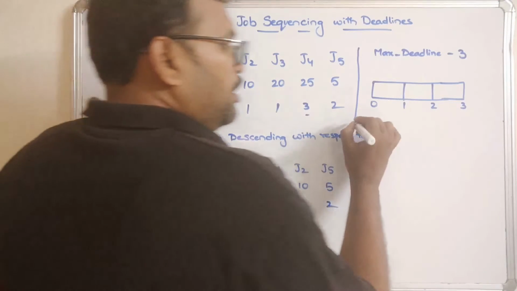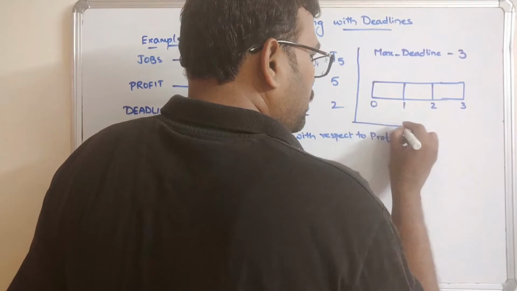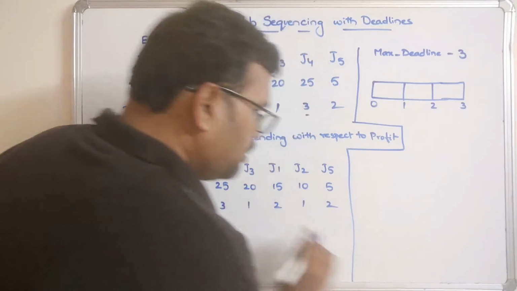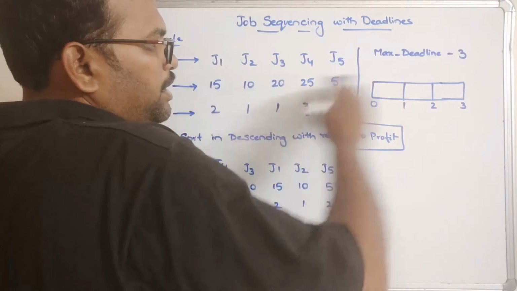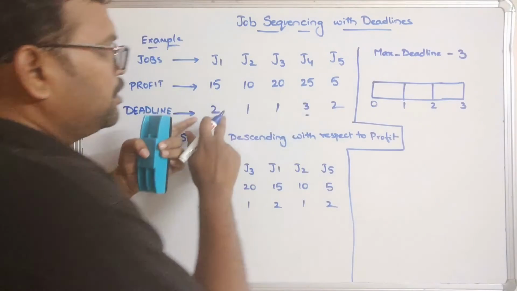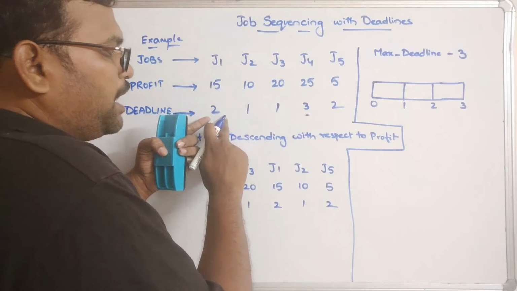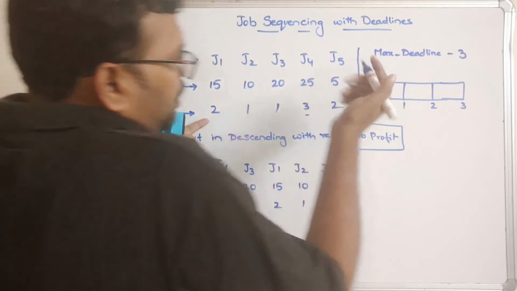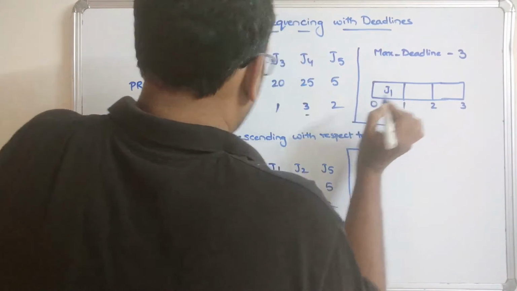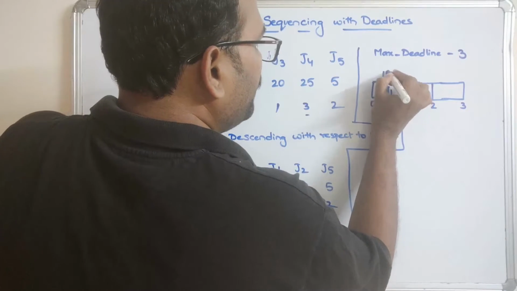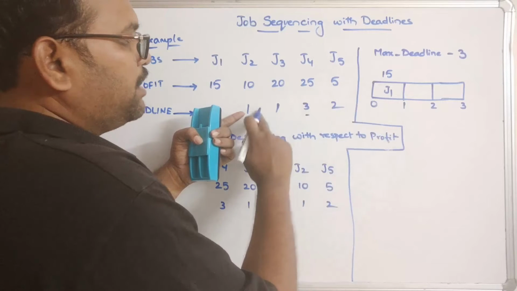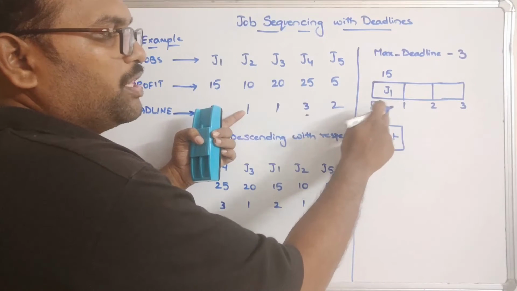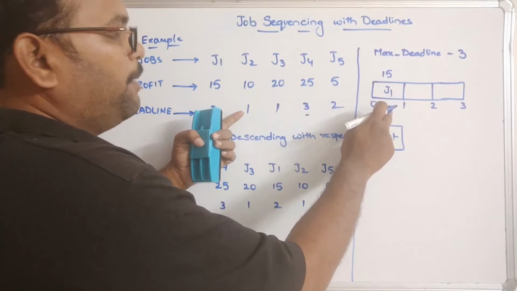See, for example, let us consider this was not done. Okay, this was not done. So in an order, complete the jobs. J1 should be completed within a deadline of 2. So let us take J1 with a profit of 15 and J2, but it doesn't happen here because during the first unit J1 will be completed.